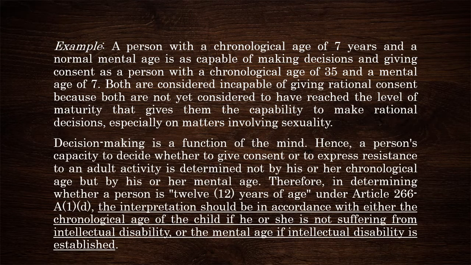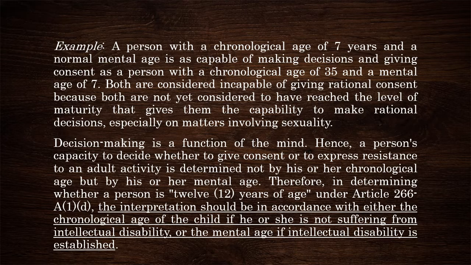Furthermore, the Supreme Court said that decision-making is a function of the mind. Hence, a person's capacity to decide whether to give consent or to express resistance to an adult activity is determined not by his or her chronological age, but by his or her mental age. Therefore, take note of this.